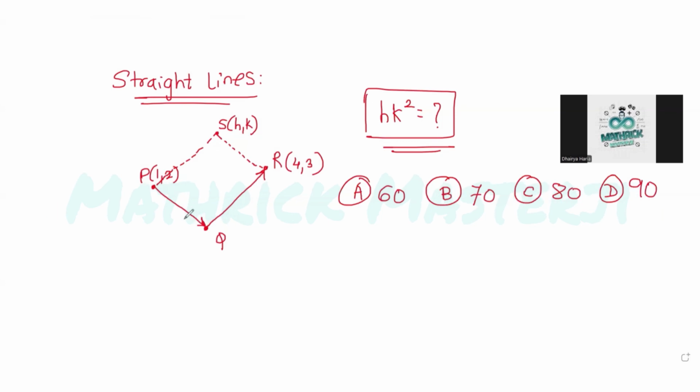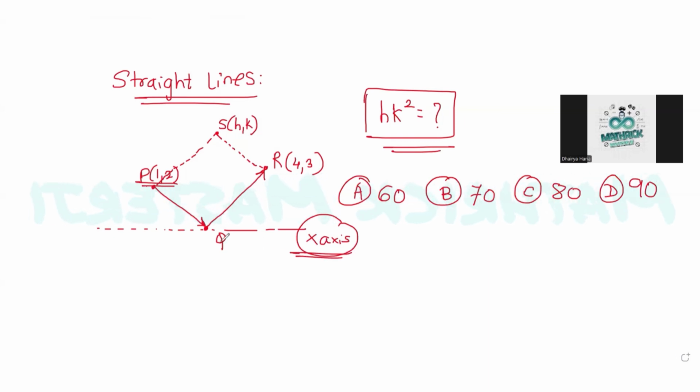First, I can find the reflection of this point P, and they have told us this point Q is on the x-axis. So I'm finding the reflection of point P using the x-axis as the mirror. My point P will be reflected somewhere here, so it will become P dash.